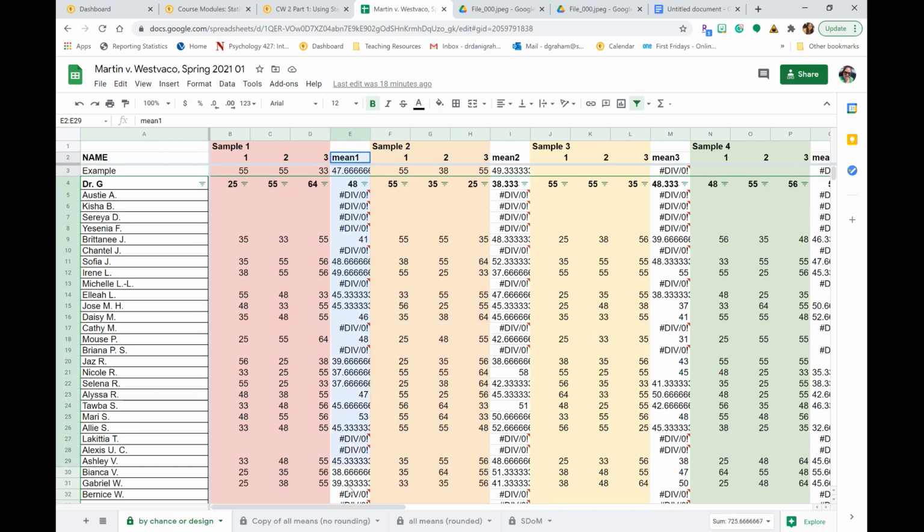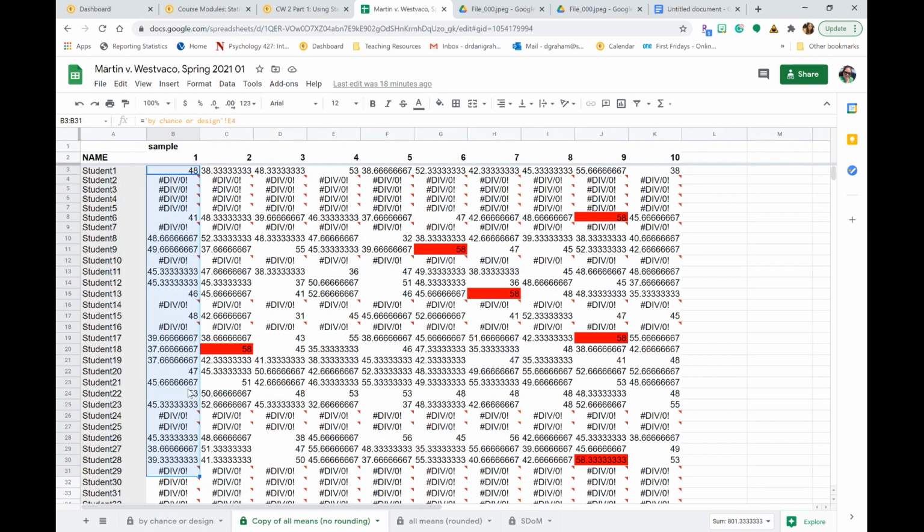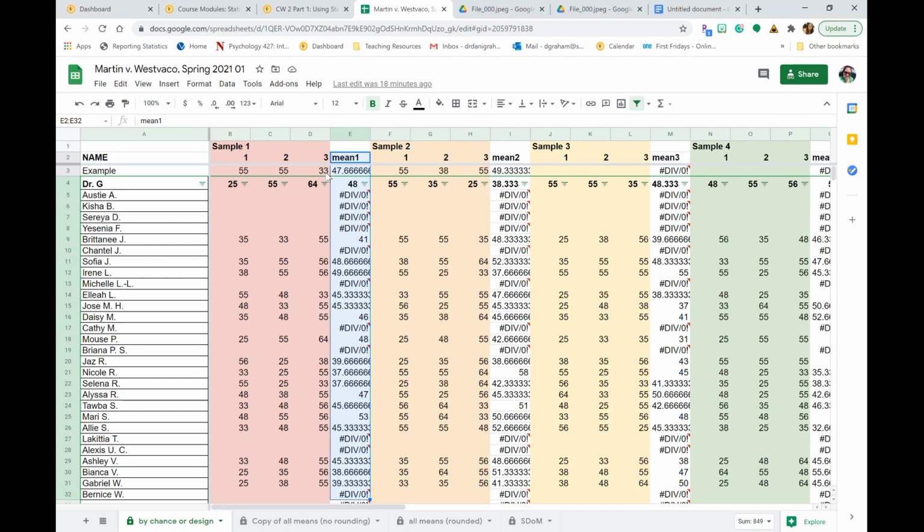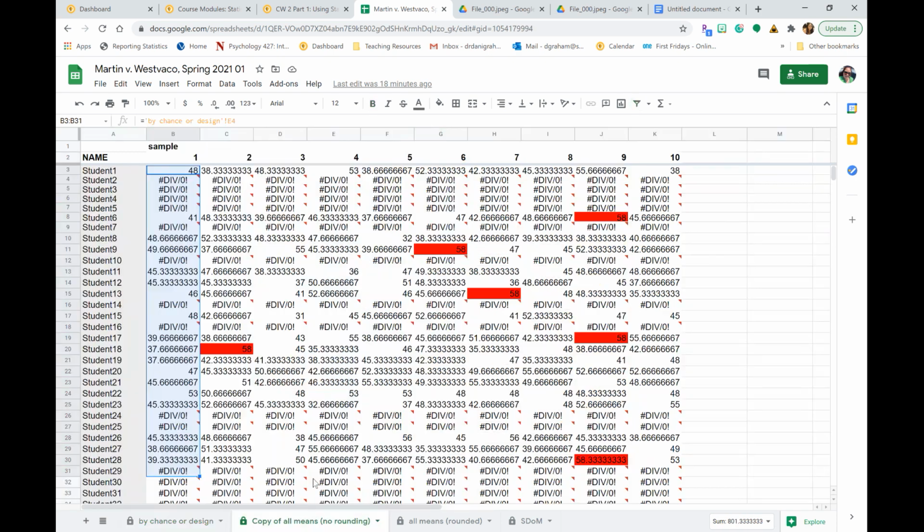This is just saying grab this information and put it here in this first column. This one starts with 48 and we get down 45, 38, 39. See, this one starts with 48 and we get down 45, 38, 39. So it's just grabbing that info and moving it here. It's hiding all the in-between sample values.